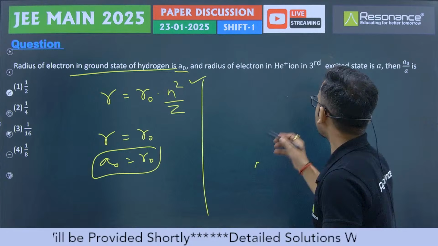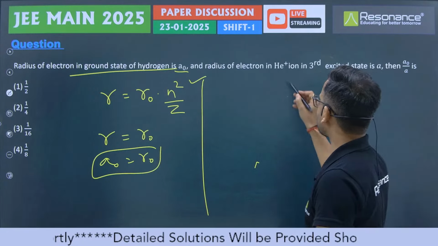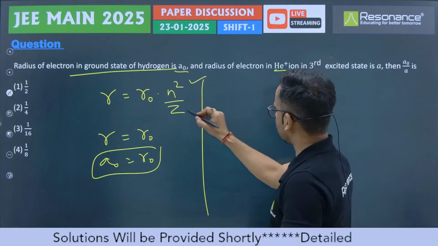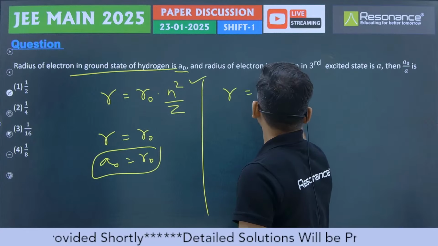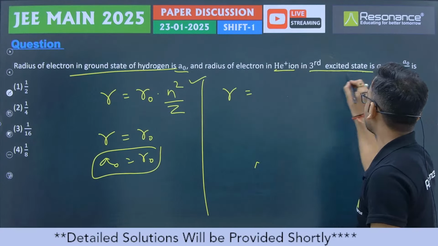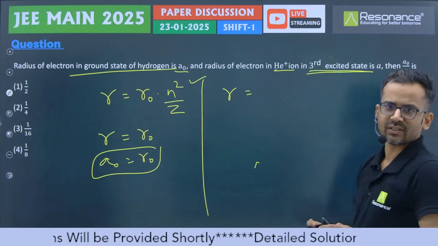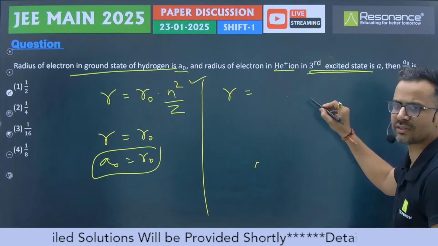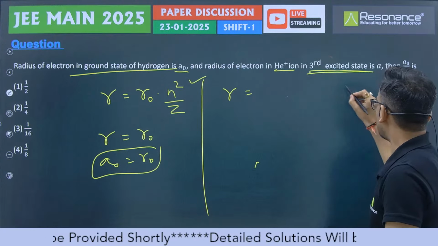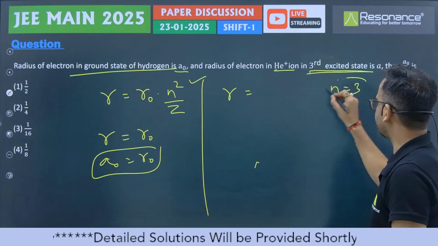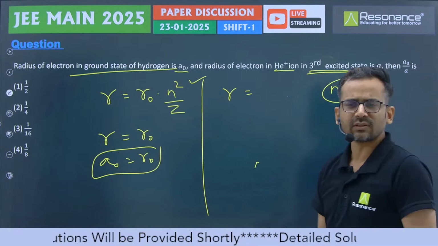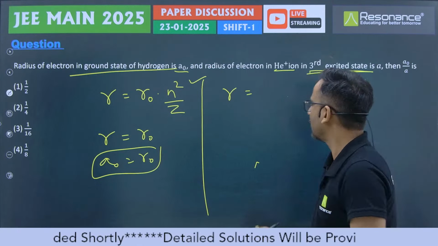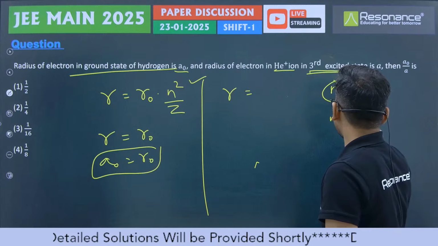Now, in the case of the helium plus ion, the R will be for the third excited state, right? Lots of students have made mistakes here. Lots of times we have seen that they take n equal to 3. But we know that the third excited state means the fourth orbit, right? So here n will be equal to 4.